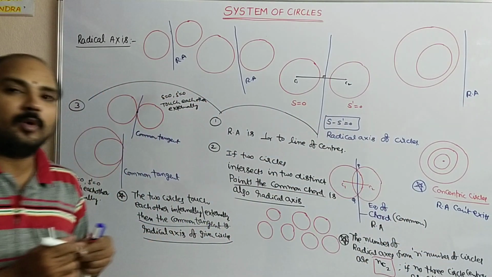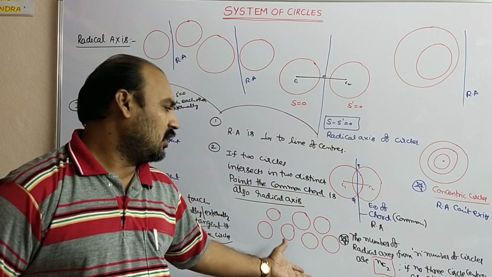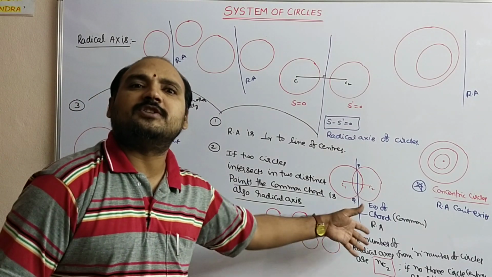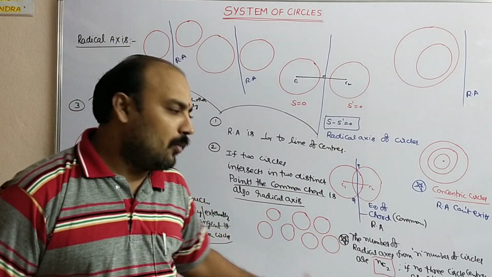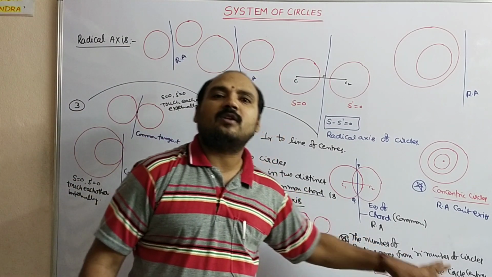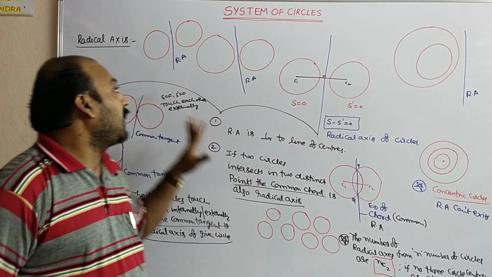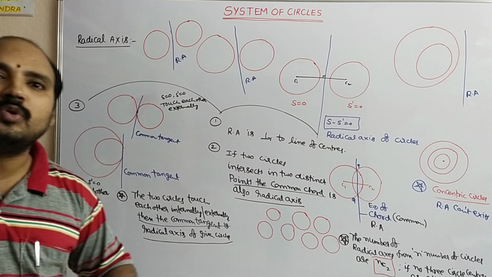Suppose they give 5 circles, how many radical axes can we form? 5C2. If 6 circles are given, 6C2, among which no 3 circle centers are collinear. You remember, this is about radical axes. I hope everyone understands. We will move to the next concept.